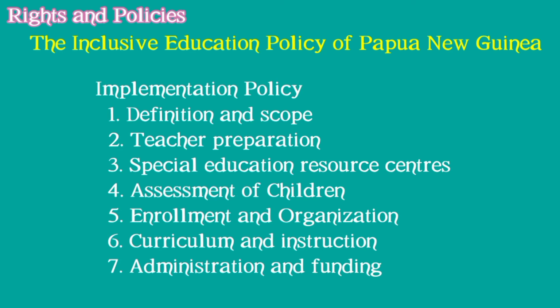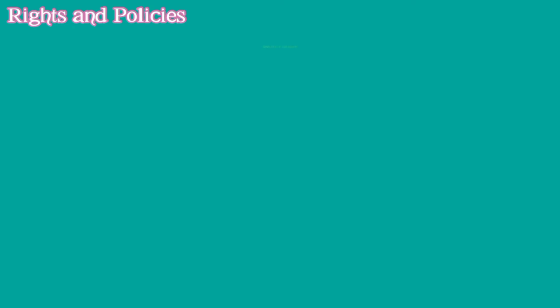And lastly is the administration and funding. School funding, design of new school buildings, provincial and national developments in education, collaboration between government departments and other agencies, and school administration must support the implementation of special education policy in all aspects. And now let's proceed with the benefits of inclusion.